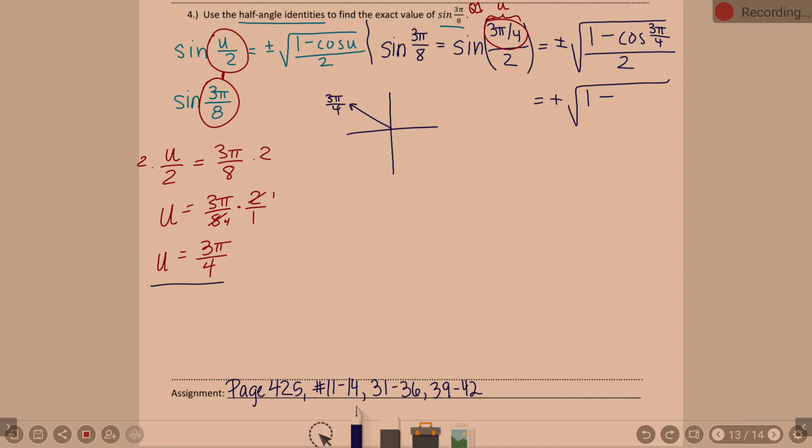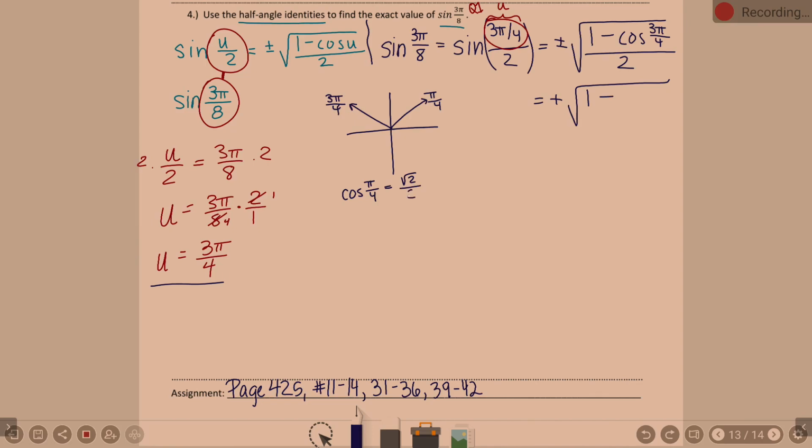What reference angle is 3 pi over 4 the same as? Pi over 4. So what I want you to do is tell me what is the cosine of pi over 4? According to our chart, it is square root of 2 over 2, yes?